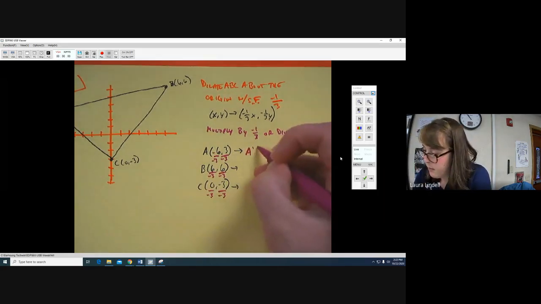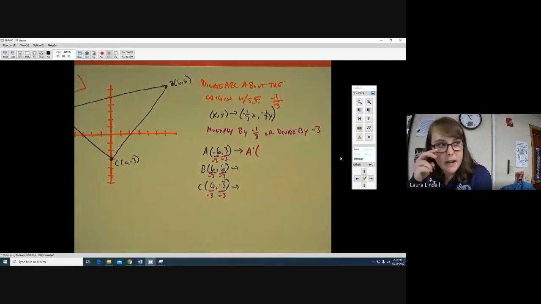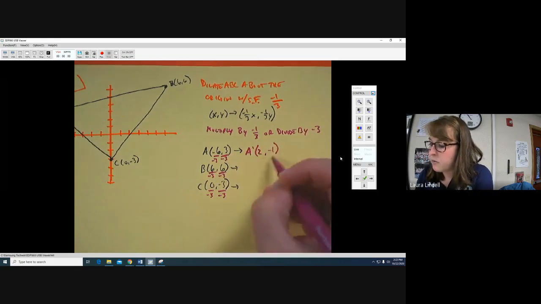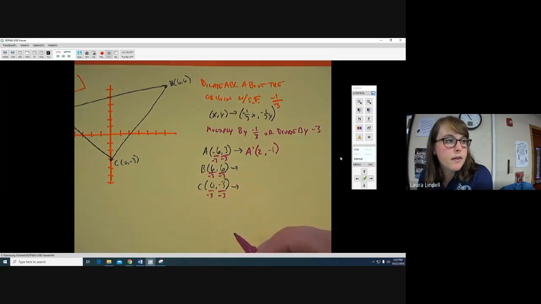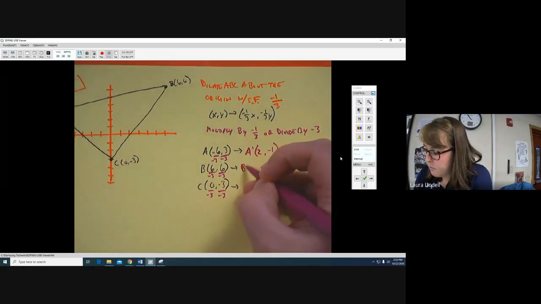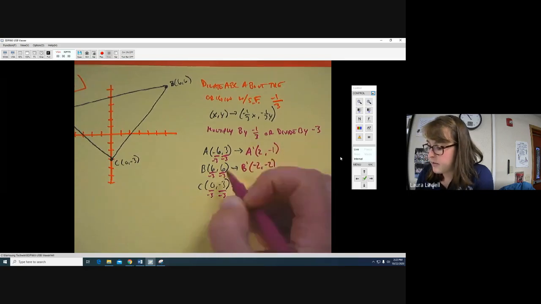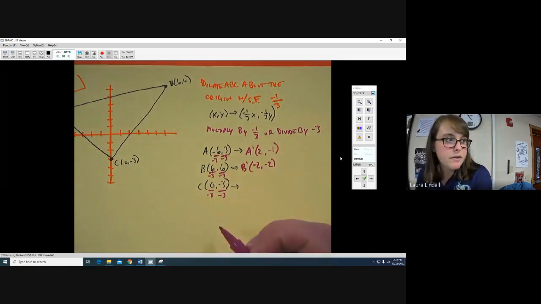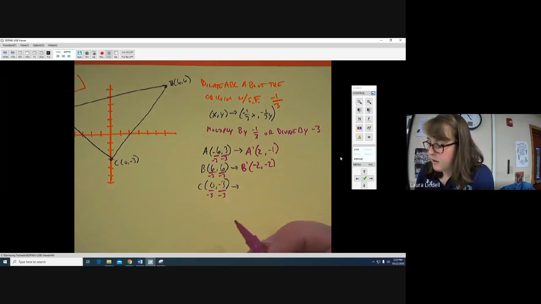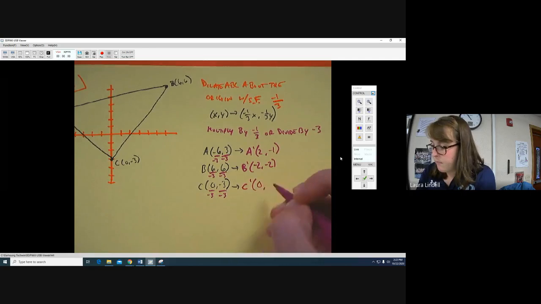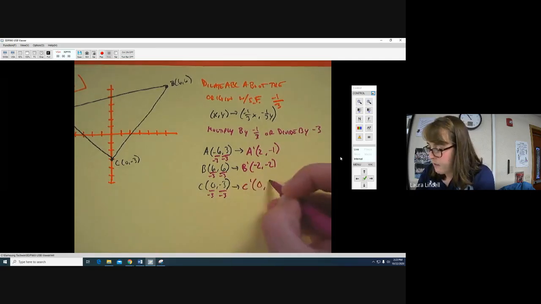So A prime, well, -6 divided by -3 is +2. 3 divided by -3 is -1. So that would be my new coordinate for A prime. For B, B prime is going to be -2, -2, because 6 divided by -3 is -2. For C prime, 0 divided by anything is 0. -3 divided by -3 is +1.